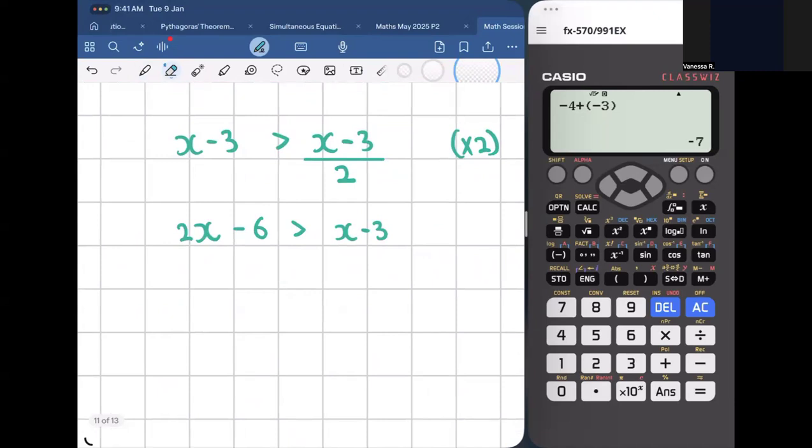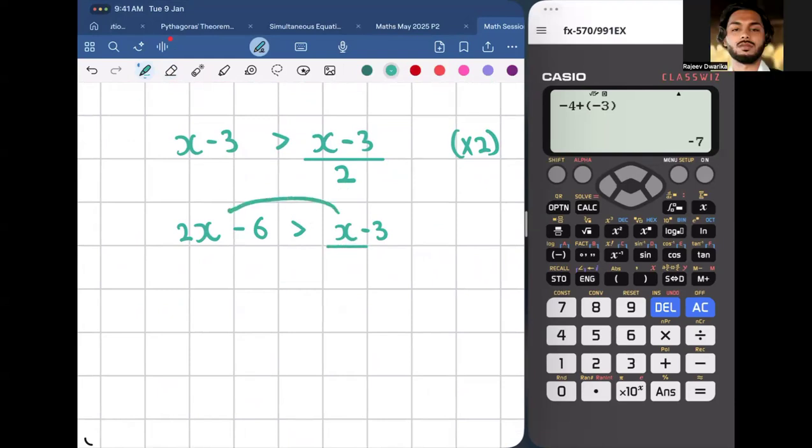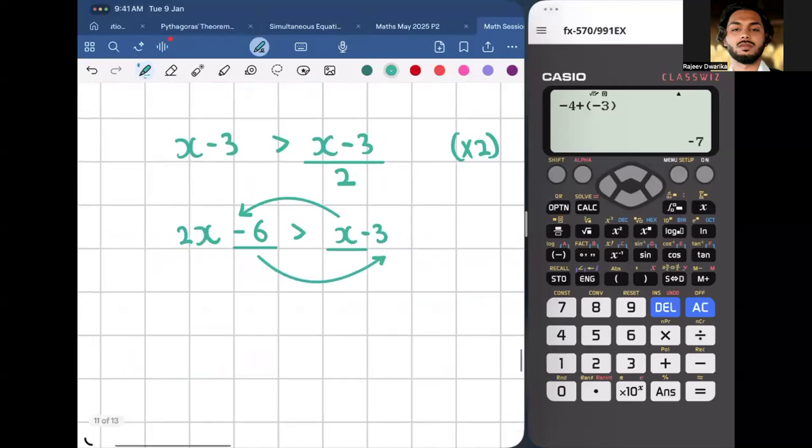Move the x and the minus 6 over to the other side. Right. So I have 2x over here. And what else? x. What next? Minus 3 plus 6.